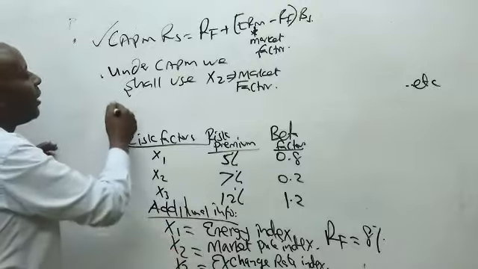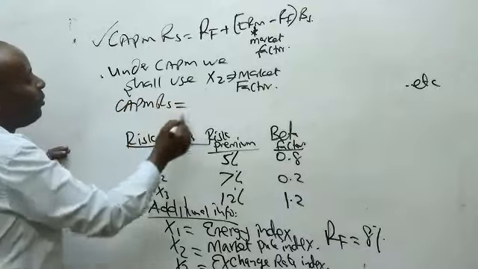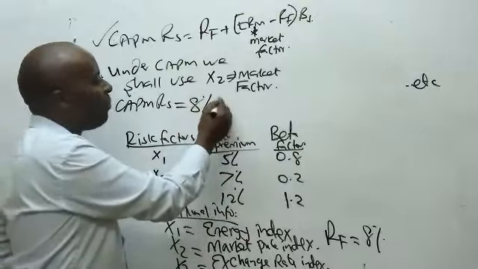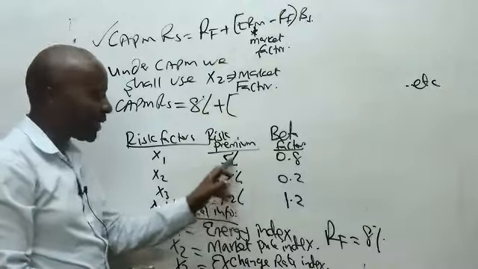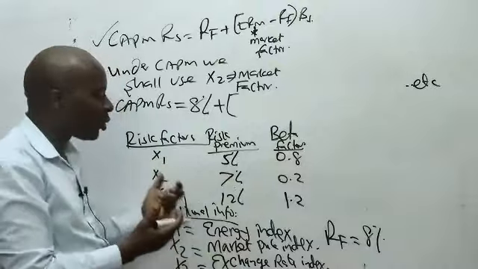So ladies and gentlemen, if that is truthful, then my KAPM returns will be equal to risk-free that I already have, which is 8%, plus whatever they have given us here. We're not going to subtract at all, because whatever they have given us is already subtracted. They have given us what we call the risk premium.